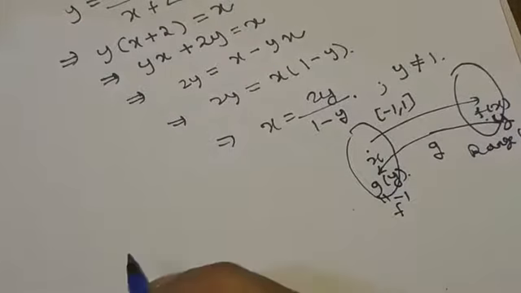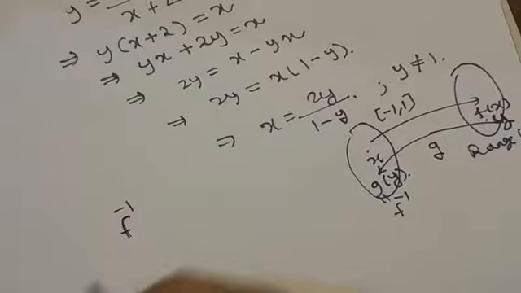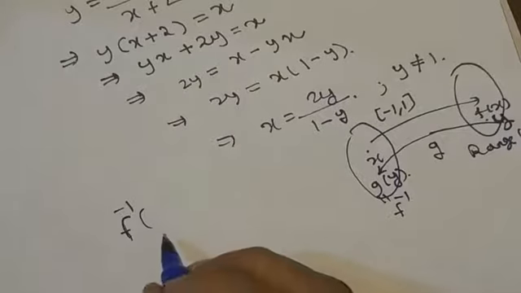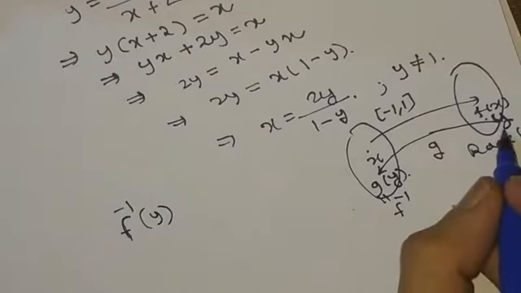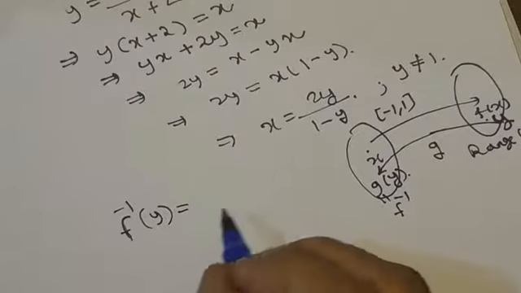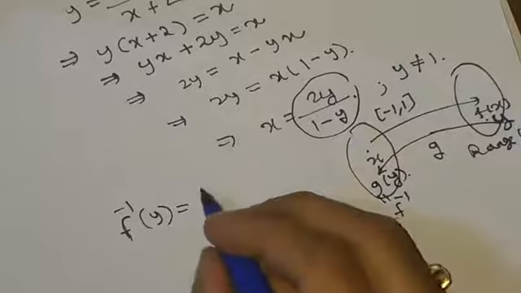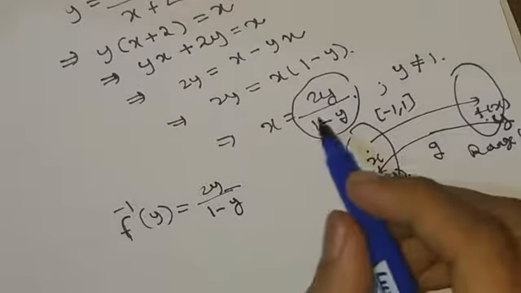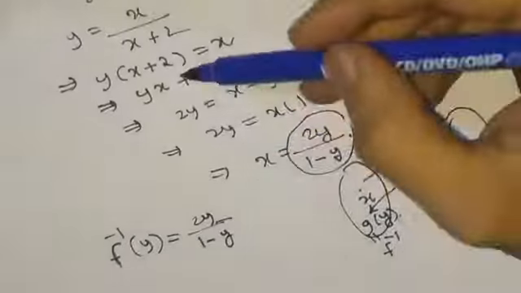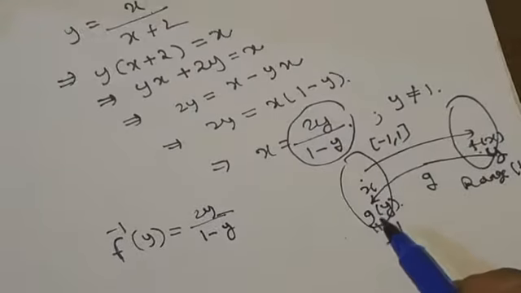Now this function f inverse, we have to write it as f inverse of y, because we are taking this y from the range of f to the domain. And what is the value of that? It is 2y divided by 1 minus y, because like that only we have found out the x which is in the domain of f.